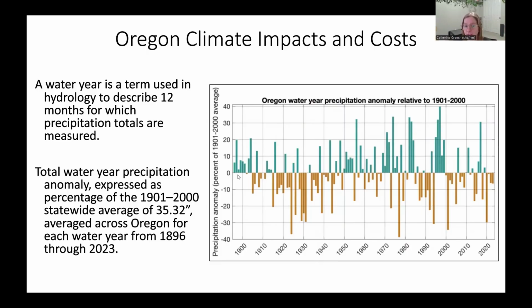The average of 1901 to 2000 is our baseline, and the anomaly would be above if we get more rain. This is precipitation anomaly percent, so this would be 10% more, 20% more. And it would be mustard colored if it's below average, so really a decrease in rain in these years. We do see a really interesting trend where it's up and down, up and down.